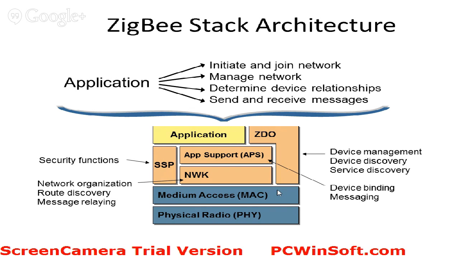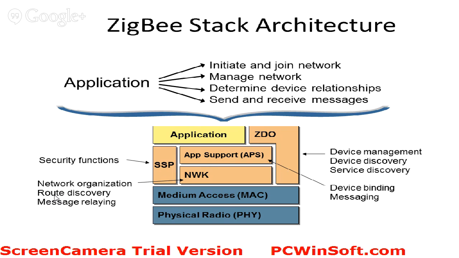Then we have the network layer above it. The tasks performed by the network layer are network organization, route discovery, which was there in case of mesh when a route goes down or initially also, and then the message relaying feature for communicating the messages over the air.